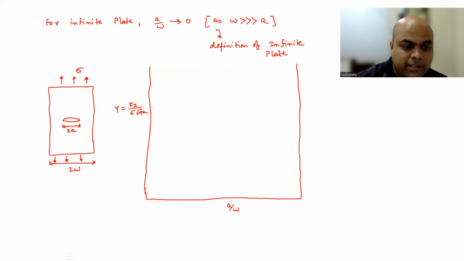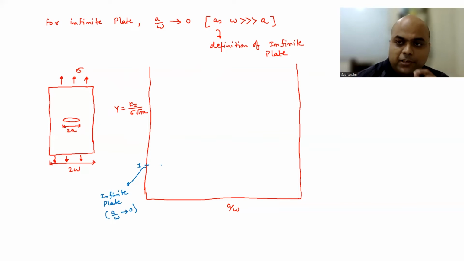And then it is going to increase as A by W increases. Okay? So this corresponds to infinite plate, where A by W tends to 0.